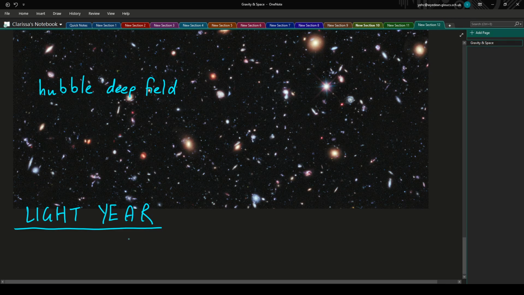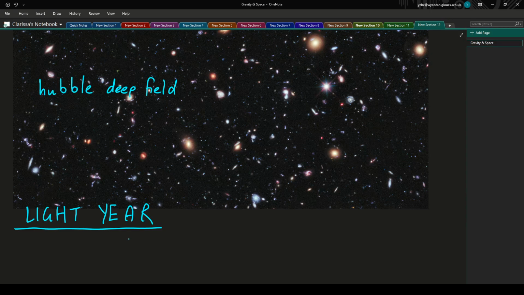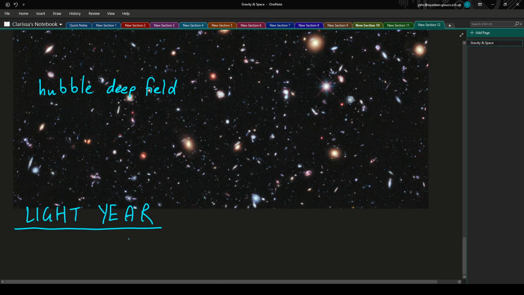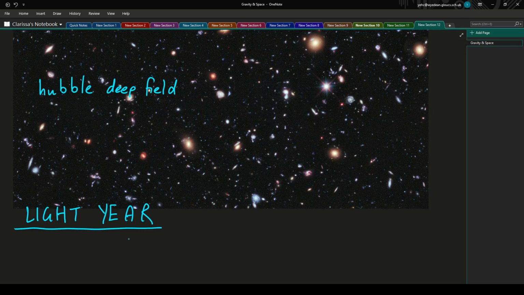As you can imagine, our peasant Earth measurements are not sufficient for outer space. On Earth, we measure things in meters and kilometers. In outer space, because things are so far away, we don't want to be writing a billion zeros every time we measure something.